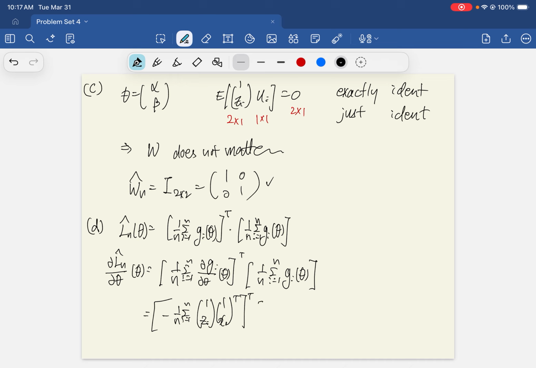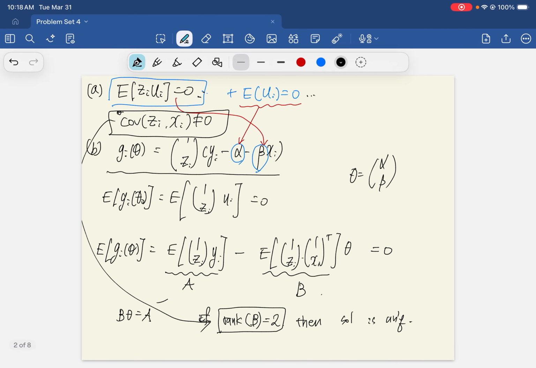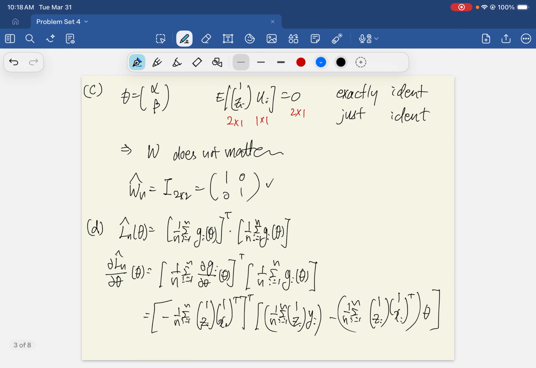And in the second part, you are going to have (1, z) times y_i minus (1, z) times (1, x) transpose theta. Okay, it is what we did here. It's like A and B. So I'm going to write this as A, and let's write it as B.